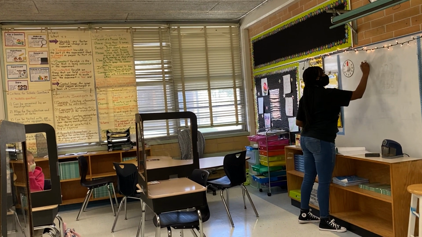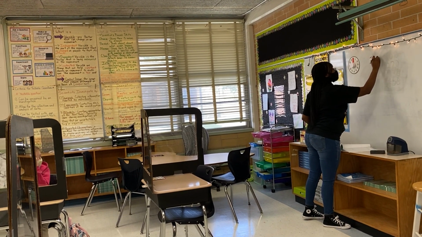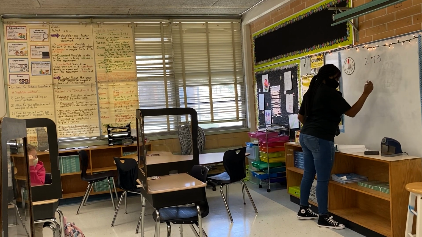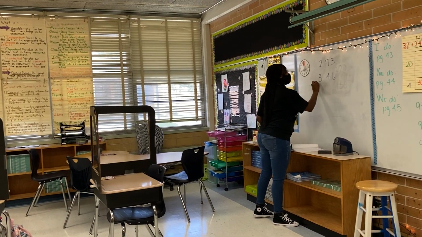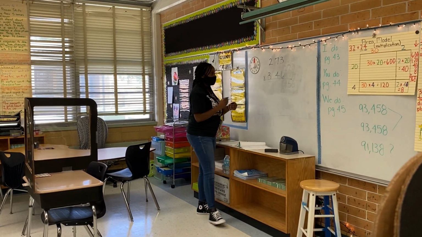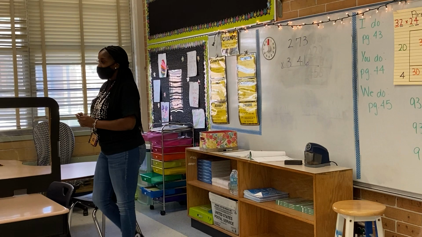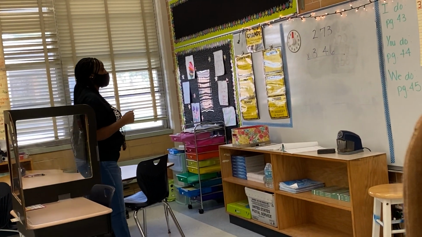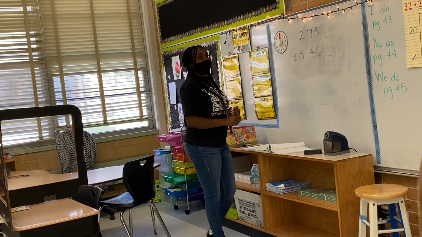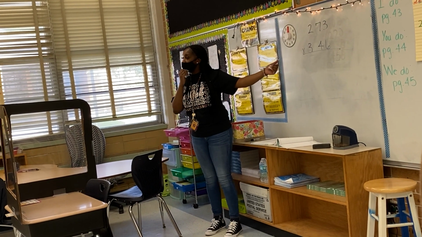So it's 273 times 346. All right, I want you guys to walk me through this problem one by one, okay? I've lined my problem up. I've lined the equation up based on place value. Does everyone agree with the way that I did it?